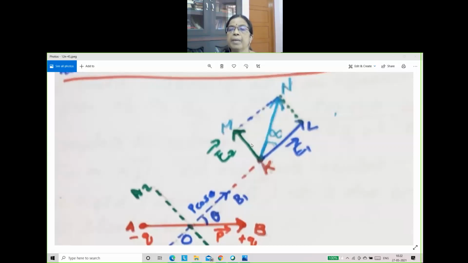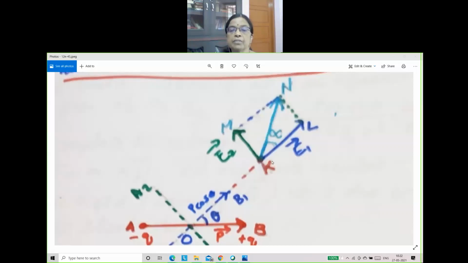In this case, what is the angle between E2 and E1? Aparna, what is the angle between E2 and E1? Yes or no, please tell. Gautam, what is the angle between E2 and E1?